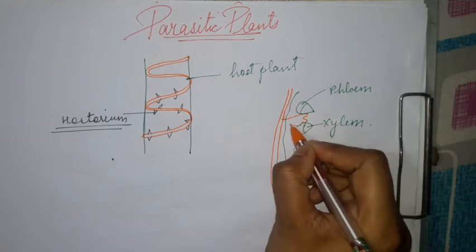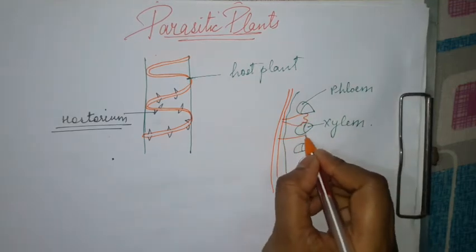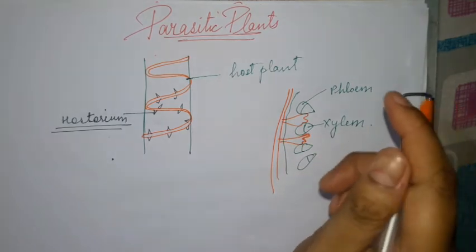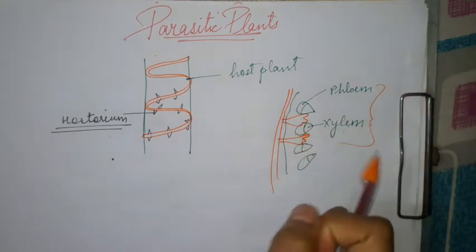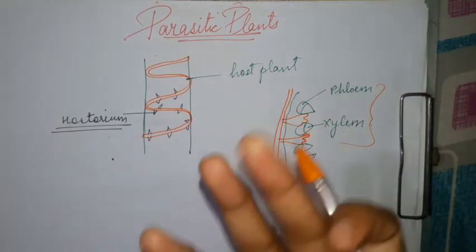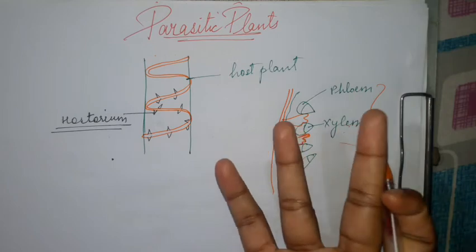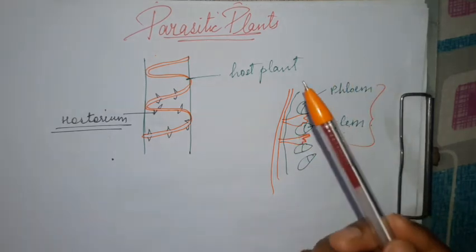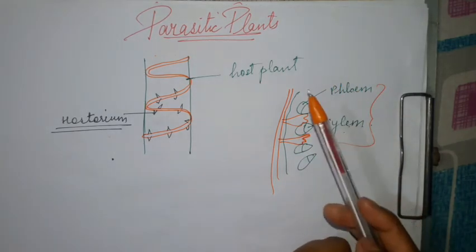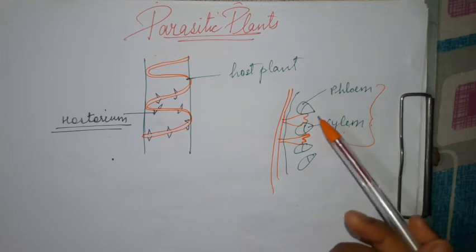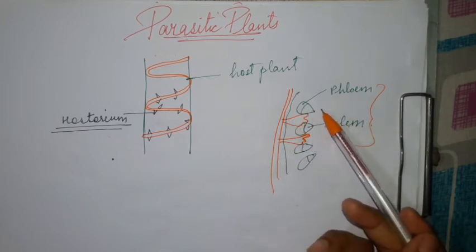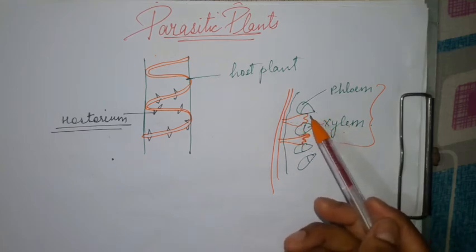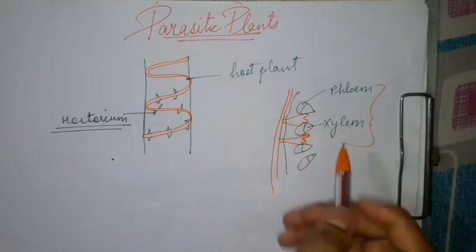These haustoria enter the host till the vascular tissue. The xylem absorbs the water from the roots and passes it to the leaves, whereas the leaves undergo photosynthesis, prepare the food, and the food, which is in the form of glucose, is transported to different parts of the plant with the help of phloem. So these are the two very important tissues in the plant. So these haustoria enter, or you can say penetrate, deep inside the vascular tissue.